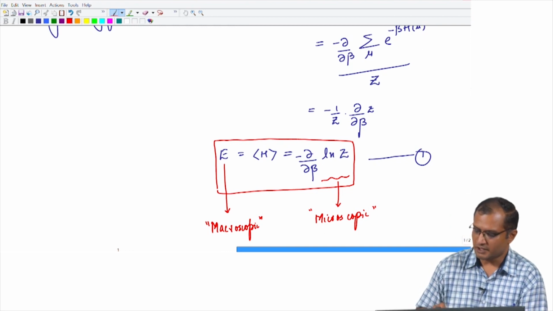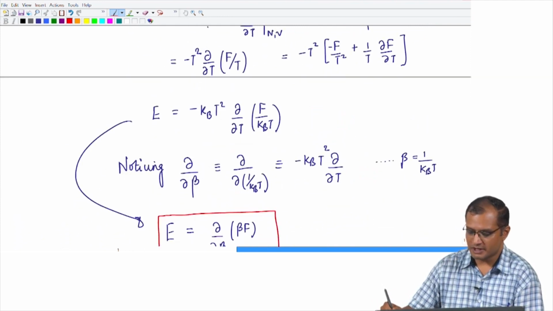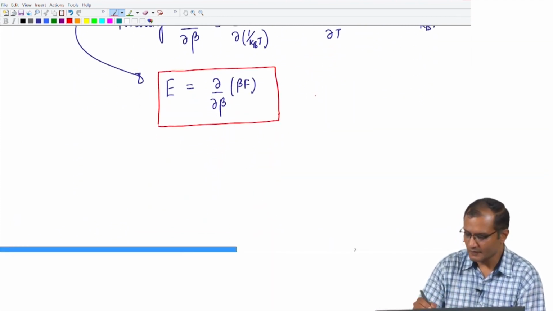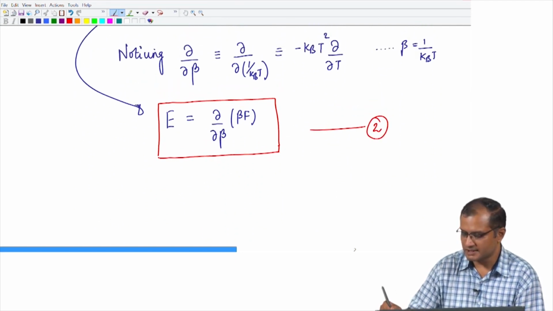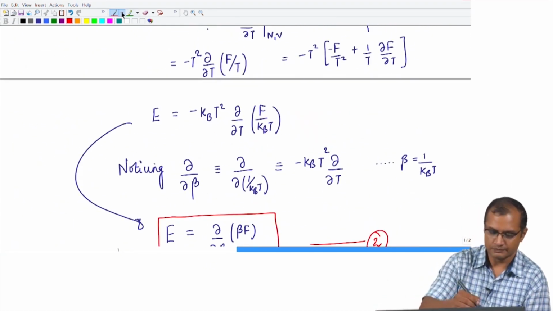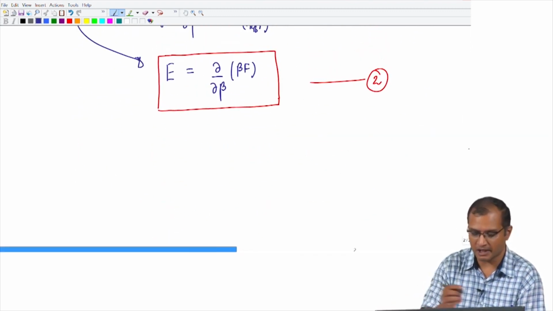So, if I compare the right hand side here, minus d by d beta of ln z, with the right hand side here, d by d beta of beta F. I am calling this equation 2, and just comparing 2 with 1 you can get one more bridge between statistical mechanics and thermodynamics.